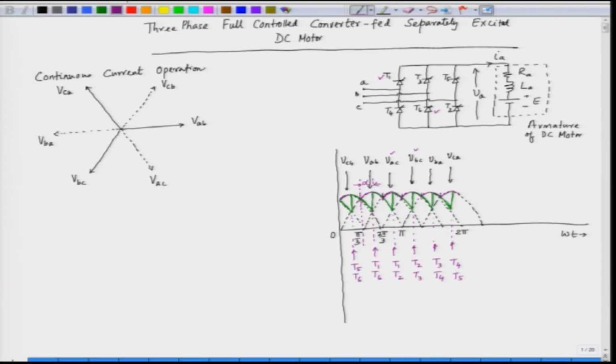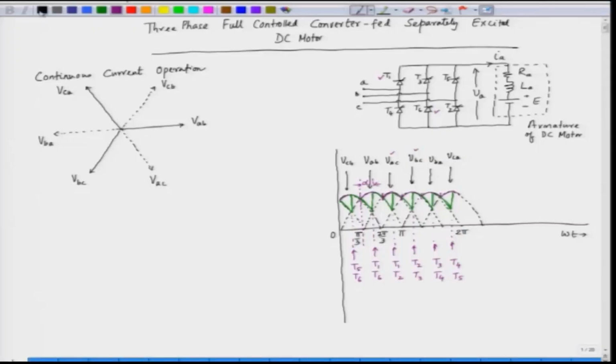So, this is how the SCRs are triggered. In a complete electrical cycle, we get 6f ripple. So, the output ripple frequency of the output voltage is equal to 6f, where f is the input supply frequency.